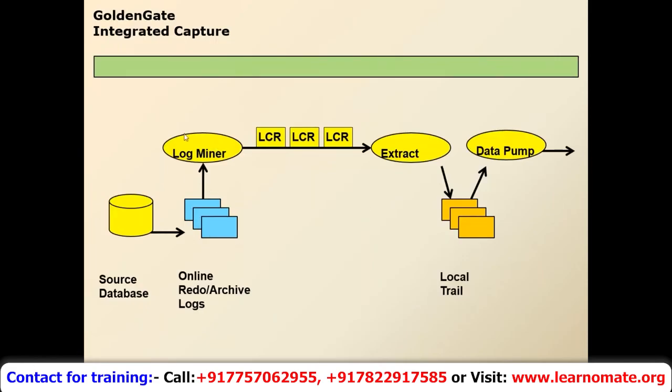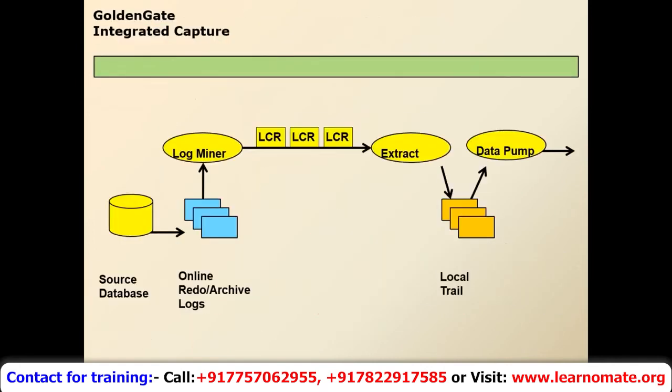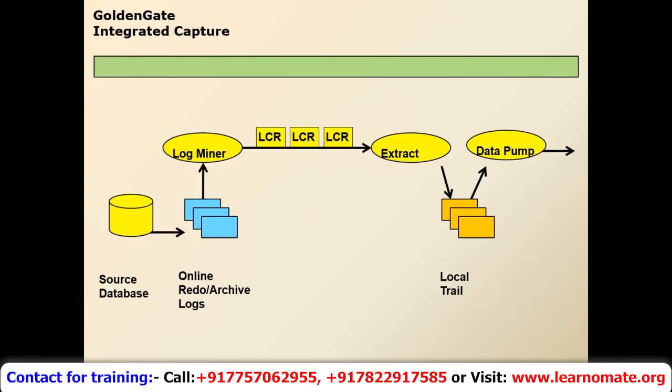There is one more utility, log miner, in integrated. However, here in classic, extract is establishing direct connectivity. So logically, upon looking at this architecture, it looks like the classic extract performance should be better. No? What do you think?